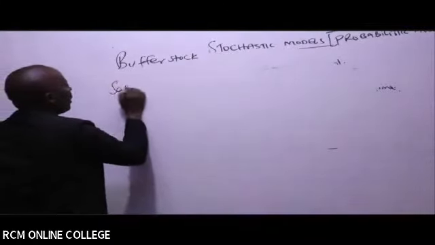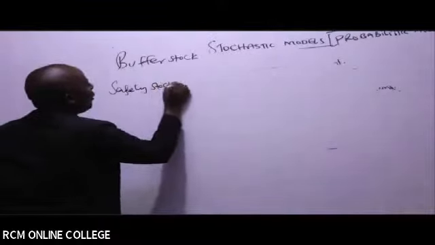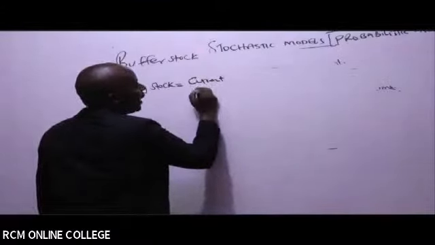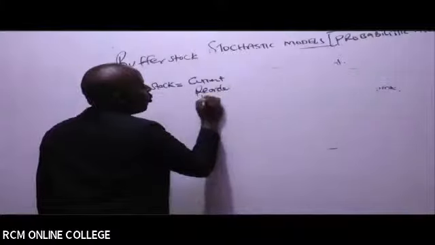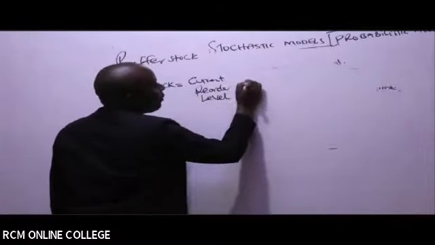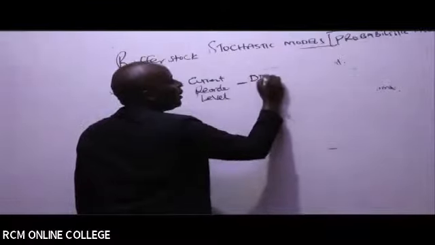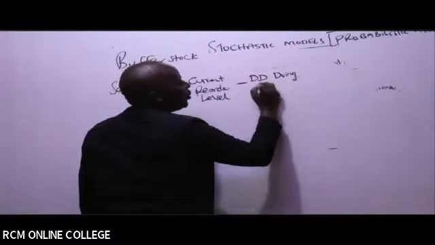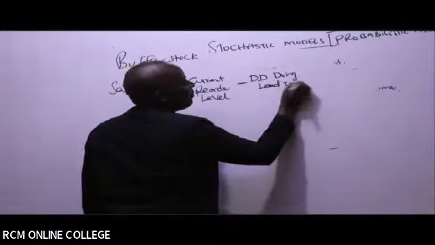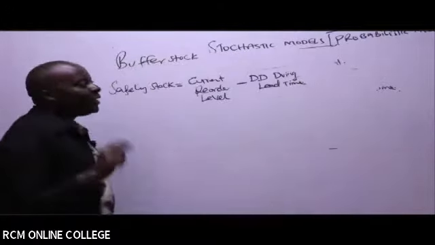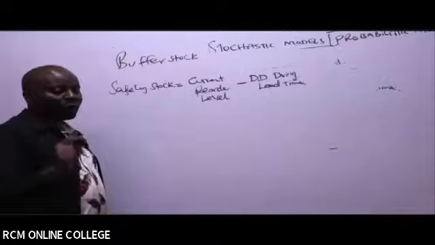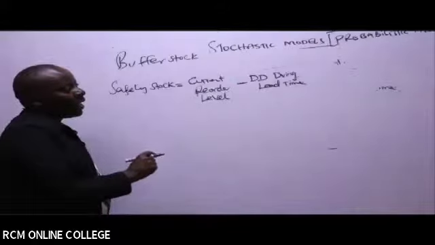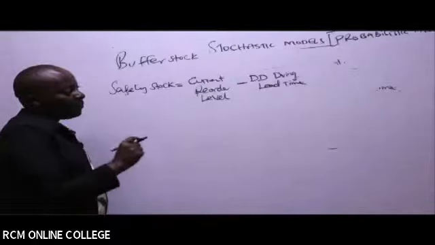Our safety stock will be equal to the current reorder level minus the demand during lead time. So anytime you want to get the additional units, you shall take the current reorder level, minus the demand during lead time. What is the demand during lead time?